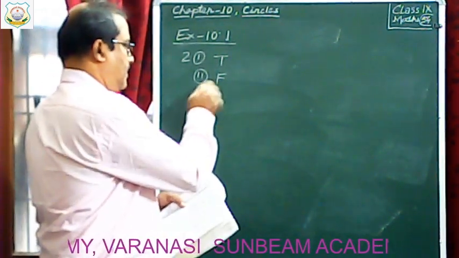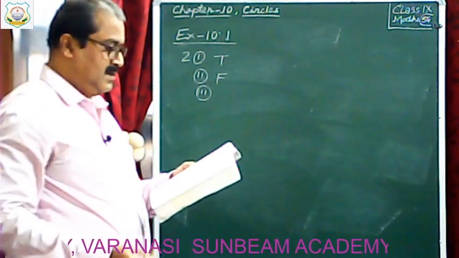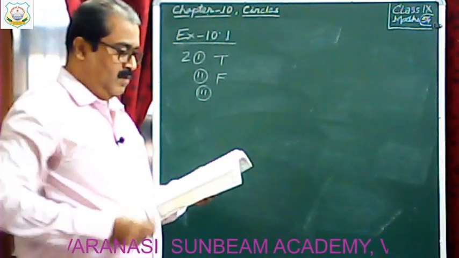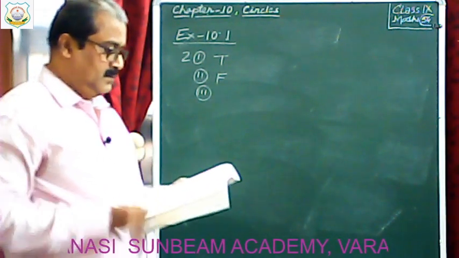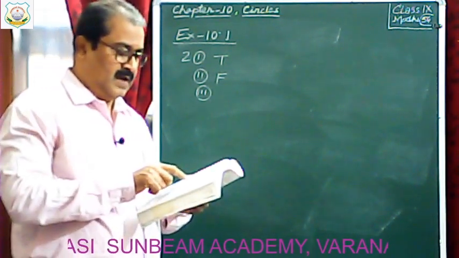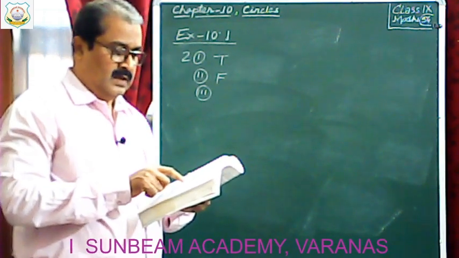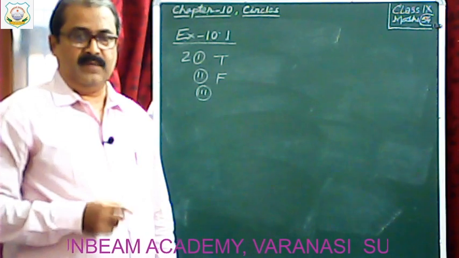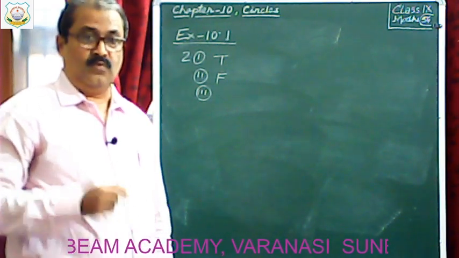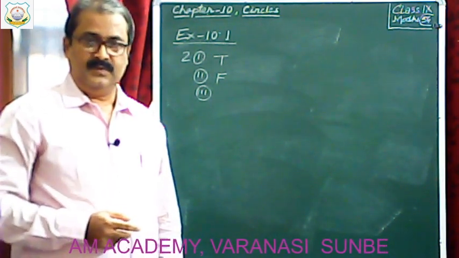Number 3. If a circle is divided into 3 equal arcs, each is a major arc. You know the angle subtended by a major arc at the center is always more than 180 degree, isn't it?